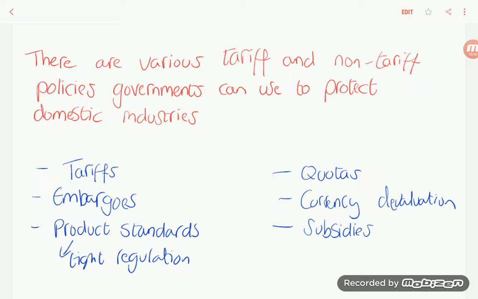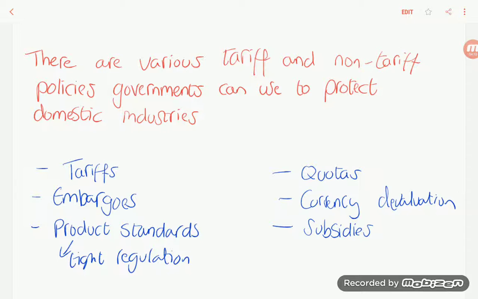The value of the currency can also be reduced. In other words, devaluation if we're talking about fixed exchange rates. This raises the price of foreign imports and lowers the value of domestic exports. There could also be tighter product standard regulations which can be imposed.